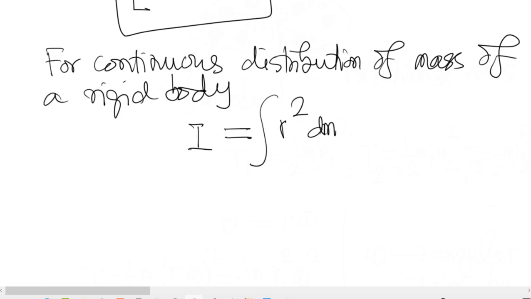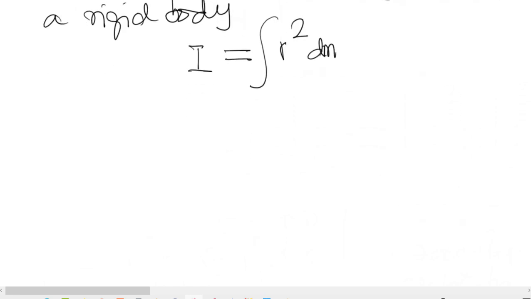Now an important quantity, known as the radius of gyration, we are going to define. This quantity will be needed later on.